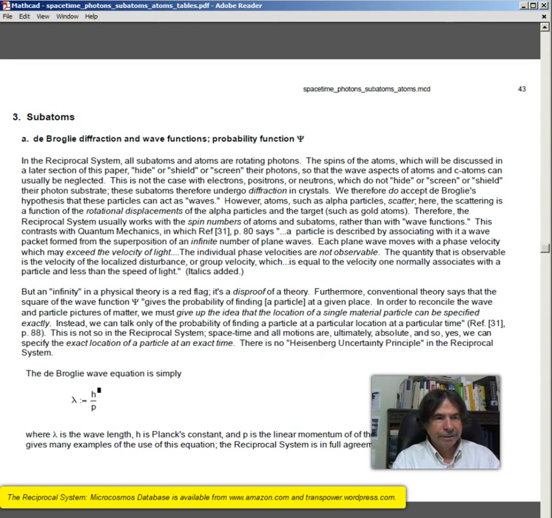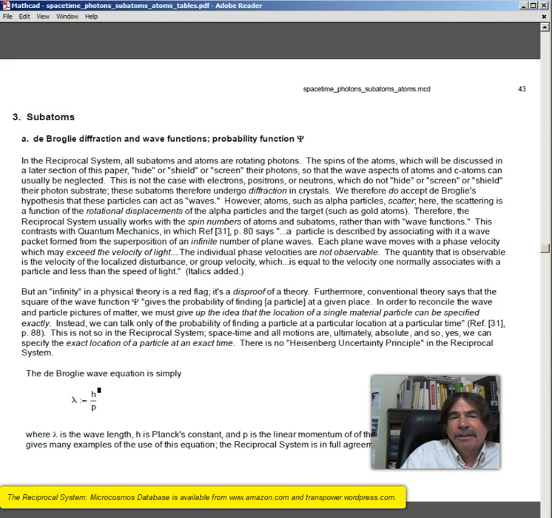Section 3, subatoms. A. De Broglie diffraction and wave functions, probability functions, psi. In the reciprocal system, all subatoms and atoms are rotating photons. The spins of the atoms, which will be discussed in a later section of this paper, hide or shield or screen their photons, so that the wave aspects of photons and C atoms can usually be neglected.